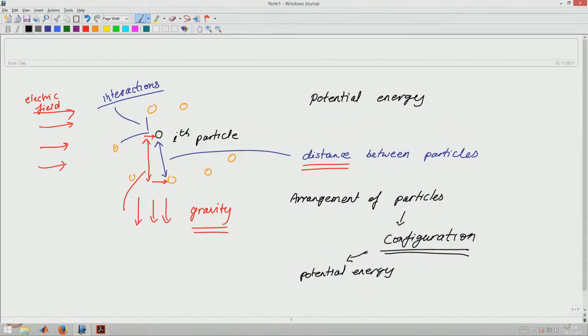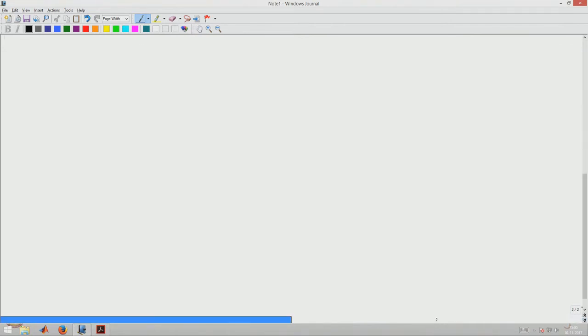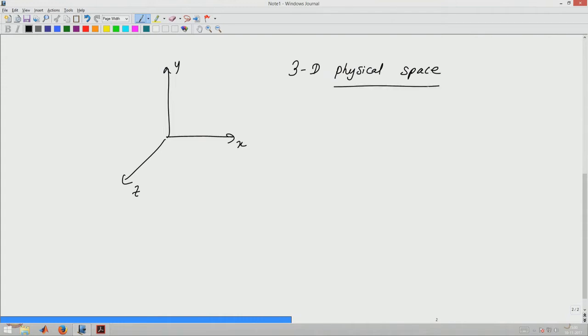We talk of this specification of the state of the system in terms of phase space. So, just the way we have a 3-dimensional space which describes physical space. For example, we could talk of, let us say, a rectangular coordinate system which is a 3-dimensional physical space, and I could ask the question, if I am looking at, let us say, the position of a particle in this.